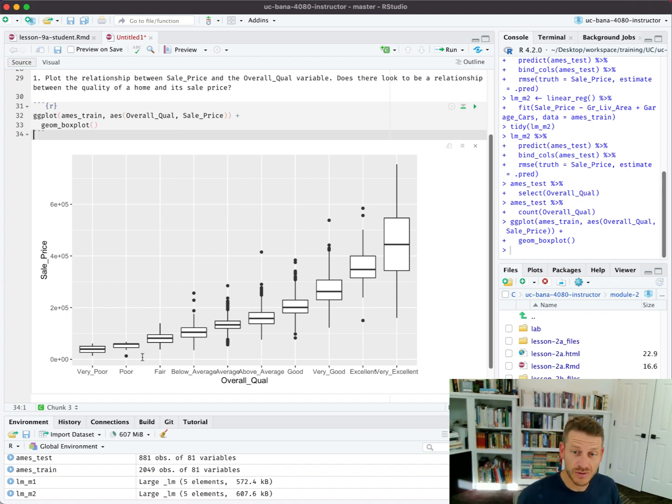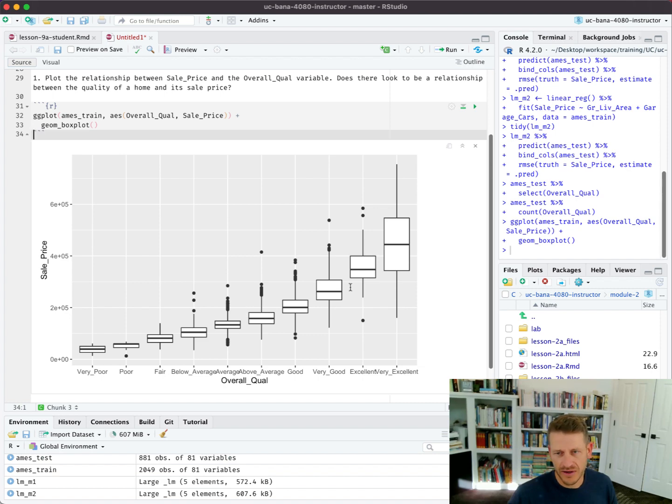When we look at this plot, it looks quite obvious that there is a relationship, right? The center line in our box plot, which represents the median, is increasing. So on average, the sale price for each of these different levels of quality tends to increase.